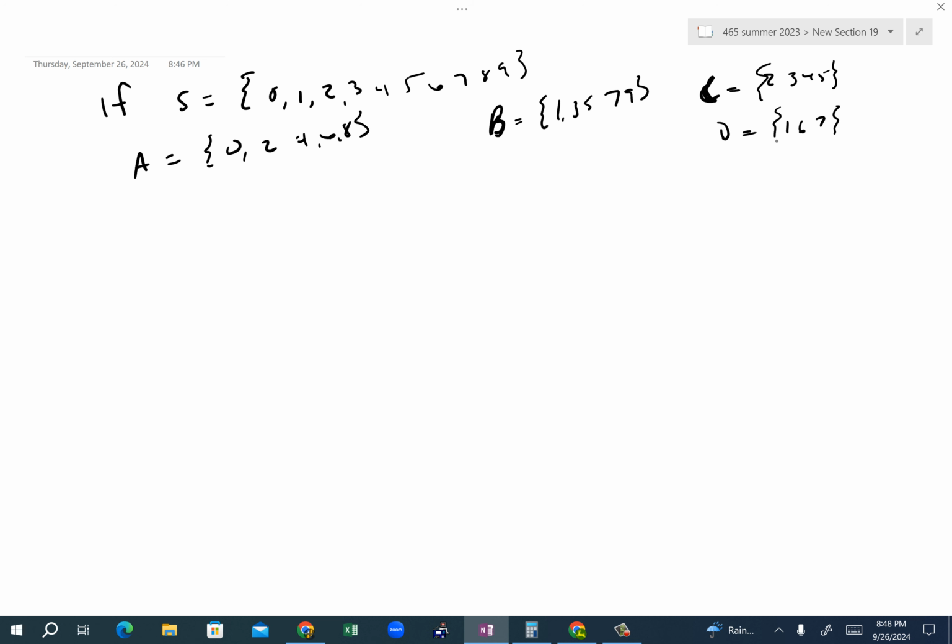So in other words, our sample space is all the numbers 0 to 9, and A, B, C, and D are these sets.